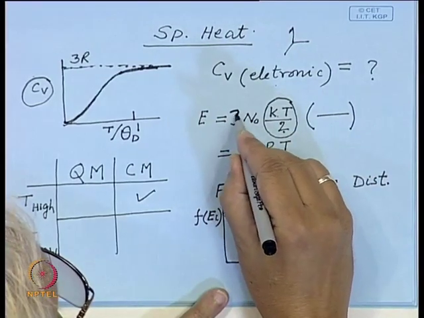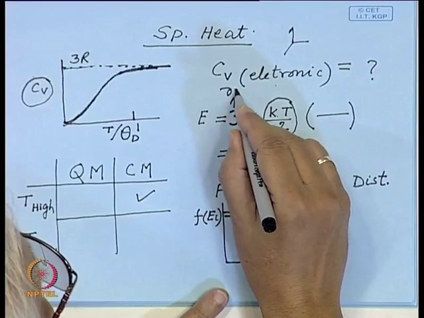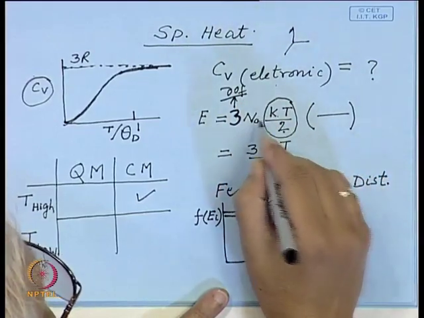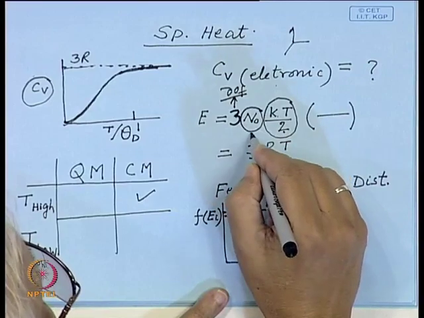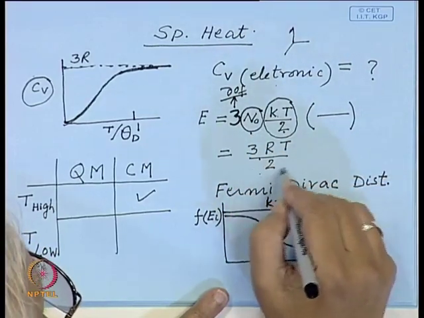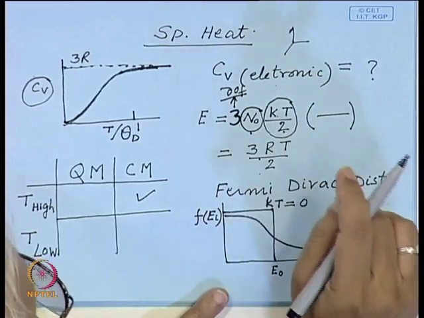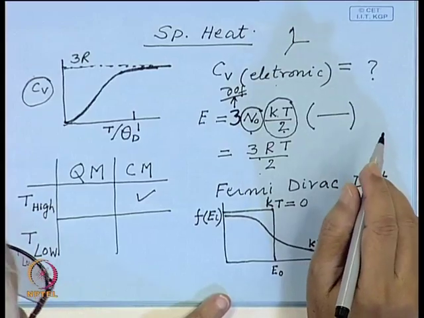So, this is the degree of freedom, and each mole will have Avogadro number of electrons. In that case it is quite significant, but in reality it is not so.